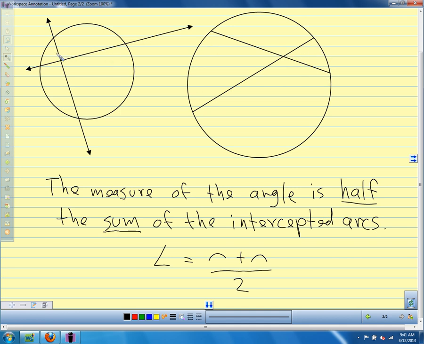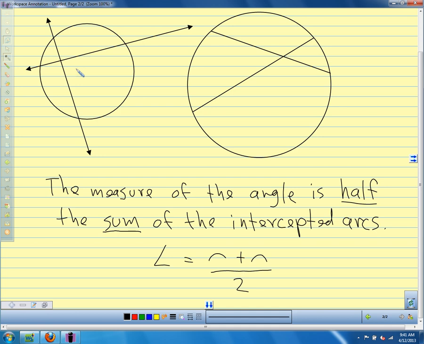Over here, if I were talking about this angle, I would have this intercepted arc, and going in the opposite direction, this intercepted arc. So the angle equals the arc plus the arc divided by 2. So that's our first rule: vertex in the circle, not at the center.